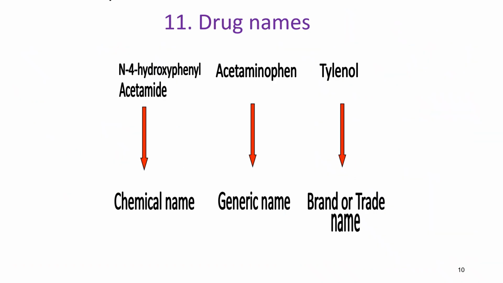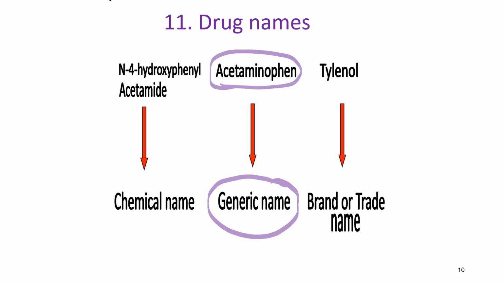Let's talk about the drug names. For the board exams and your assessments, you have to remember only the generic name. Generic name means official name. Every country has a pharmacopoeia. For example, in the United States we have the United States Pharmacopoeia, and there are the Indian Pharmacopoeia and the British Pharmacopoeia.